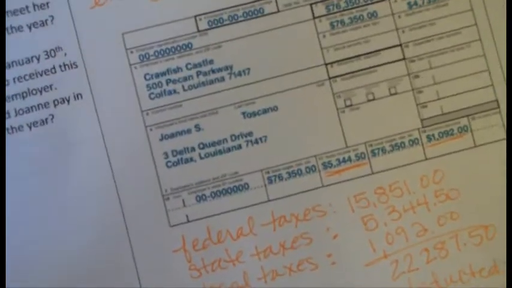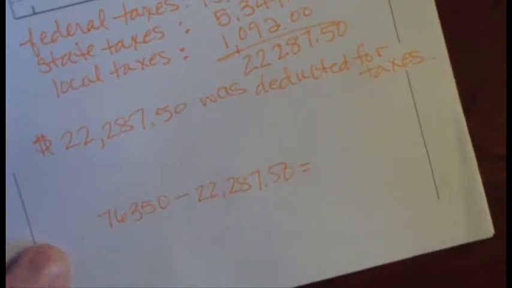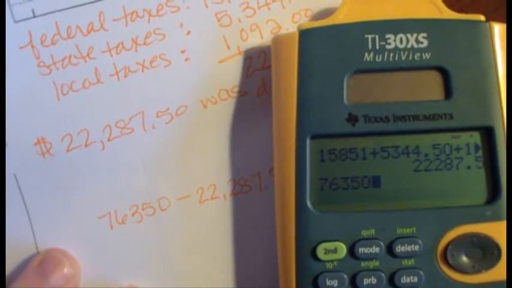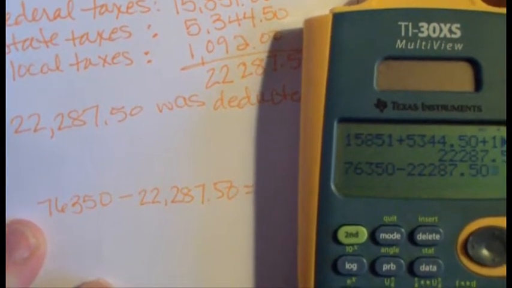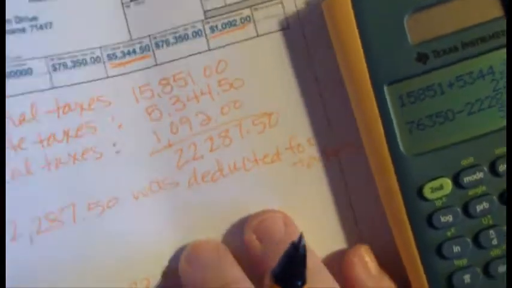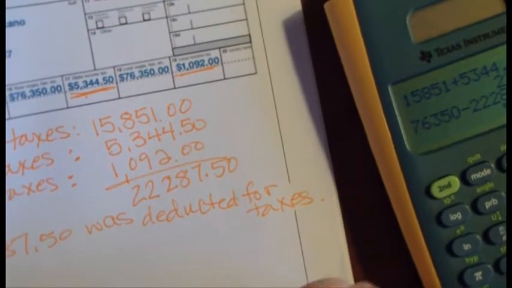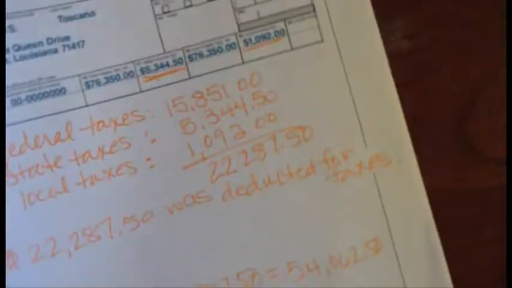We know $22,287.50 was taken out for taxes. So let's figure out how much was left. 76,350 minus 22,287.50. So she had $54,062.50 that she took home.